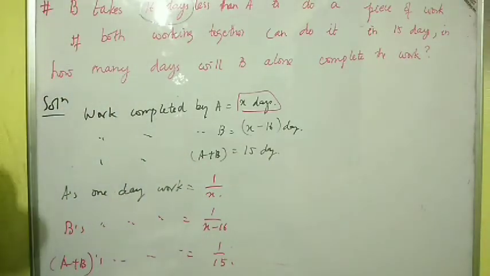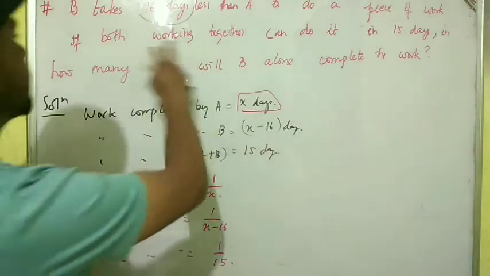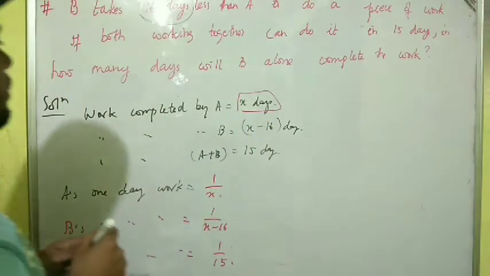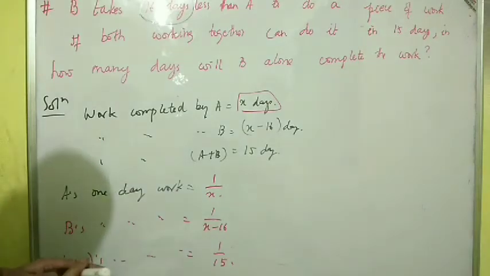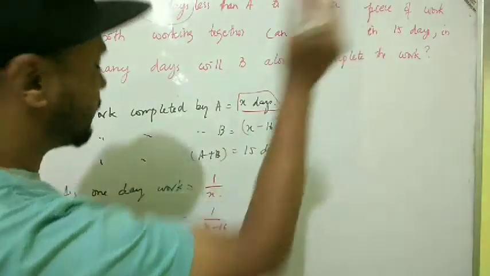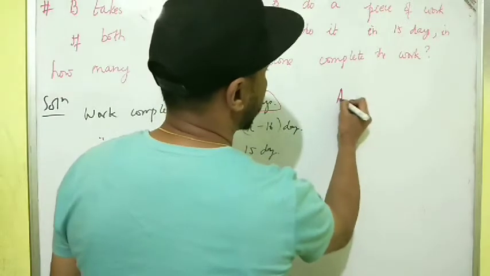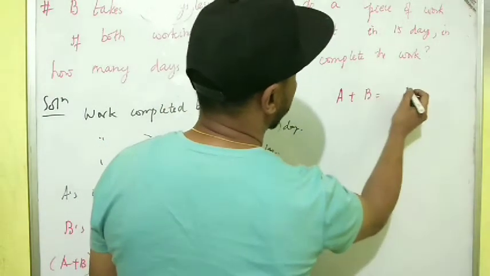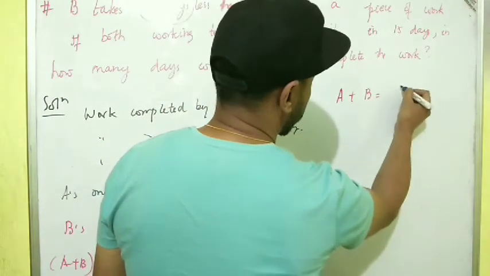According to the question, if A and B work together, they can complete the work in 15 days.